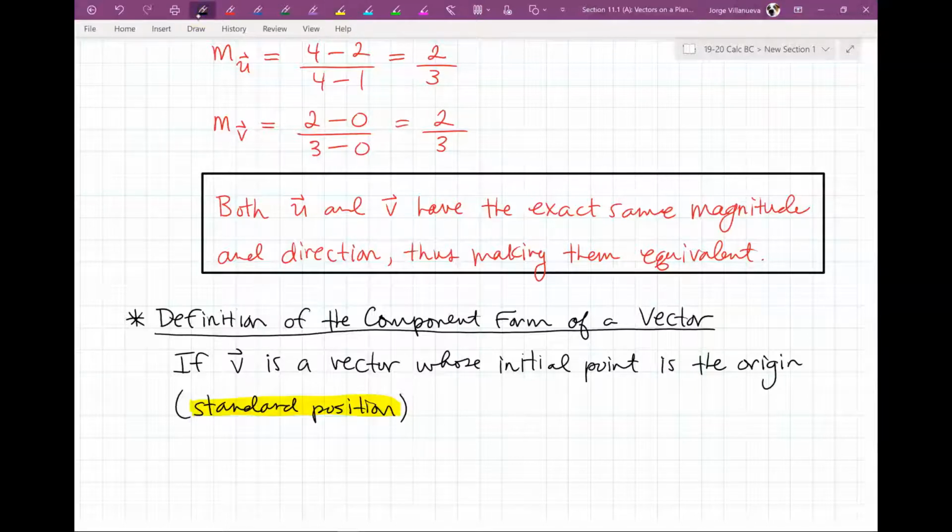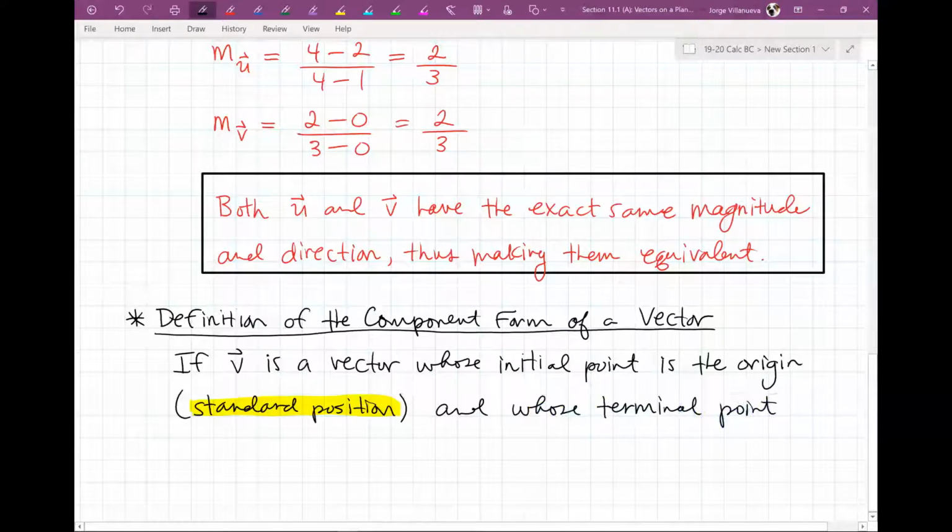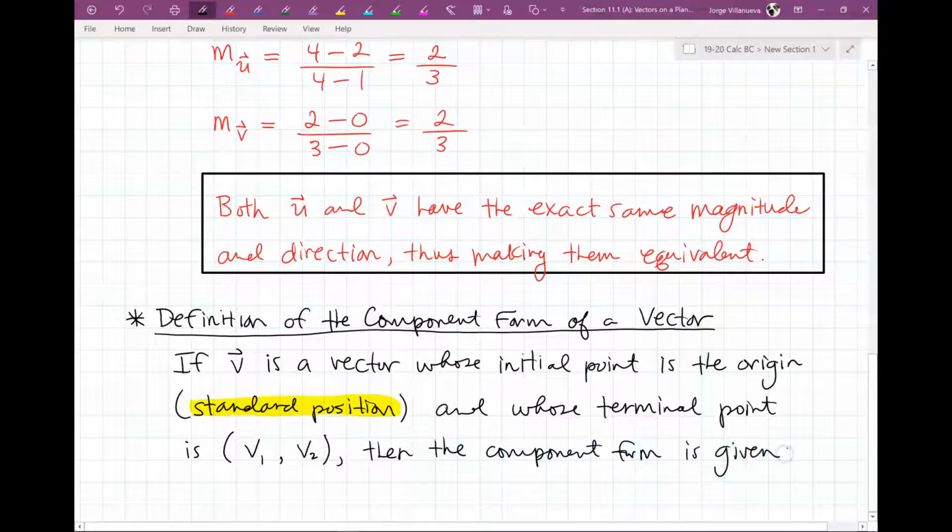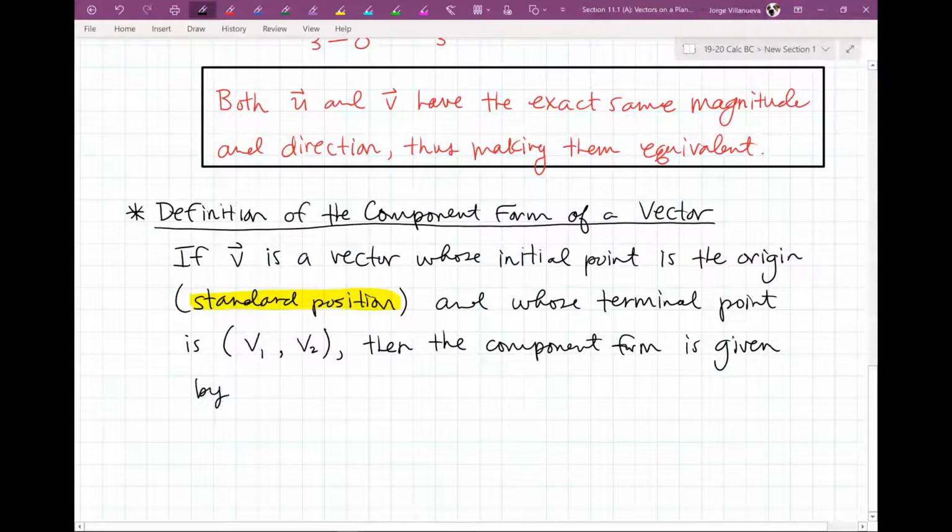So if v is a vector whose initial point is the origin and whose terminal point is v sub 1 comma v sub 2, then the component form is given by, and they write it like this: vector v is equal to <v sub 1, v sub 2>.